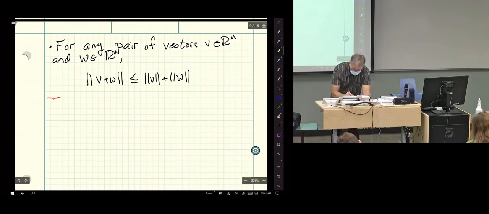Okay. This has a name. It's called the triangle inequality.